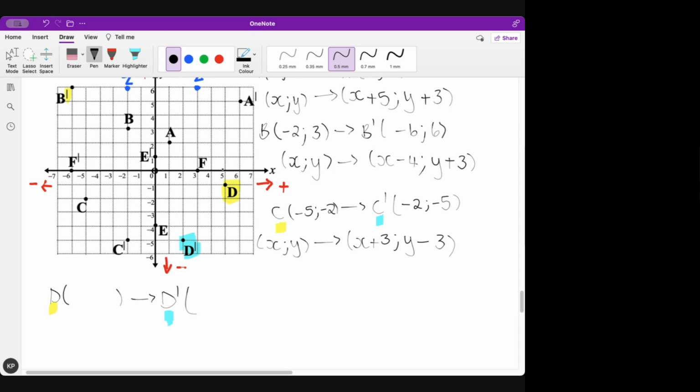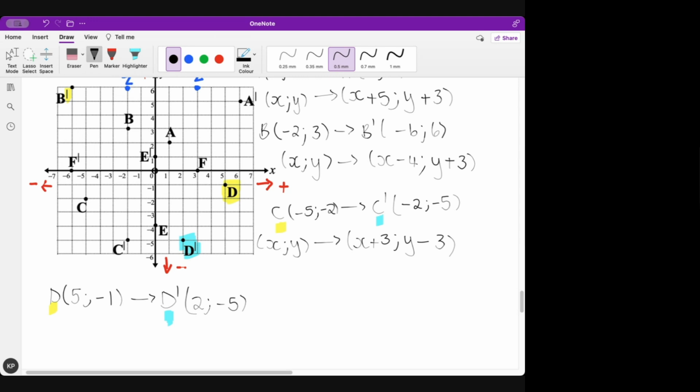And that is 5 and -1. Well done, Leachilwe. And what about D prime? 2 and -5.